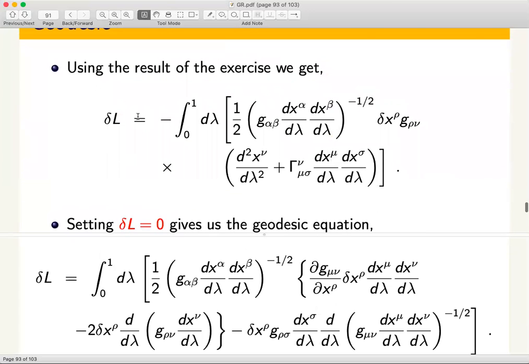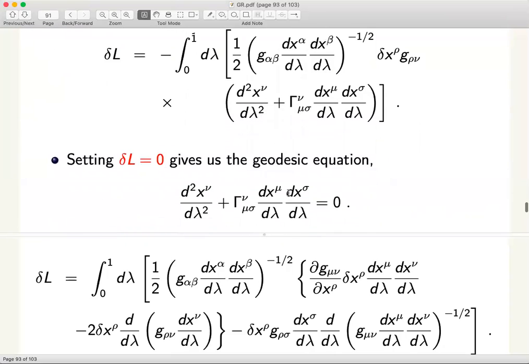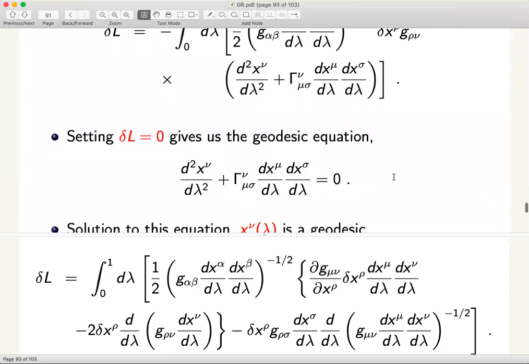Now, if you want to extremize this, that means delta L is 0, for arbitrary variation of x alpha, then you have no choice but to set this quantity to 0, because you cannot set the metric to 0, and this quantity is already set to a constant. So you get this equation, which is of course our familiar geodesic equation.